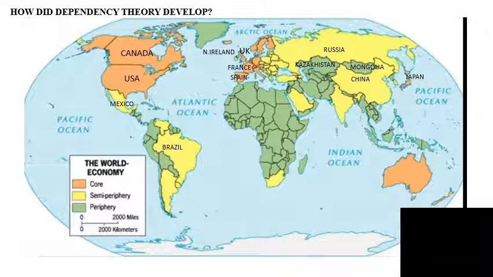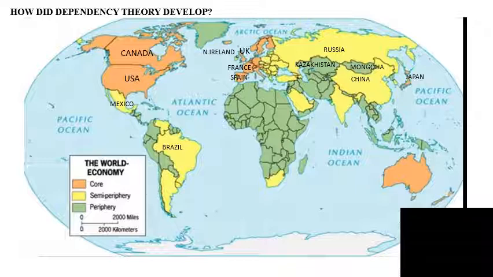For example, in America, there are Mexico, Brazil, and Argentina, which has not been labeled, but it is a country of South America. Then the periphery: as you see, most of the countries are in pale green, like most of the African countries, except the yellow one in Africa, which is South Africa. The rest of the countries are in pale green.